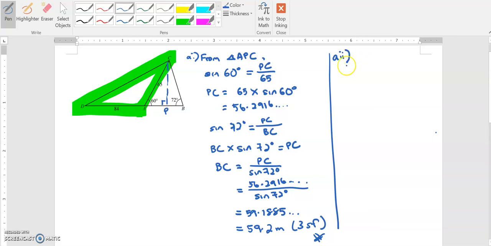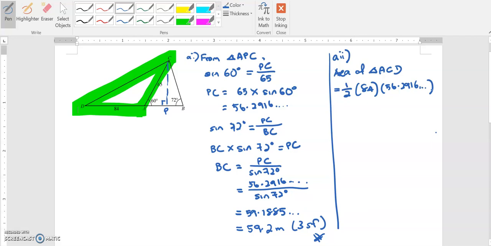So to calculate the area of triangle ACD, it is as good as using half my base, and then my height is PC, which is actually 56.2916, and so on and so forth. Notice I do not use my rounded off figure.